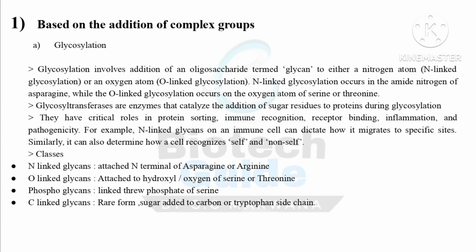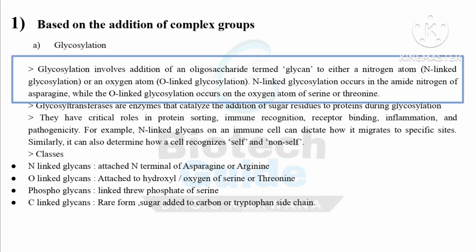Then second, based on addition of a complex group, the first subtype is glycosylation. Which mechanism? Addition of an oligosaccharide, also termed a glycan. Two terms are included here: N-linked glycosylation and O-linked glycosylation. In an amino acid, an amino group is there and a hydroxyl group is also there.